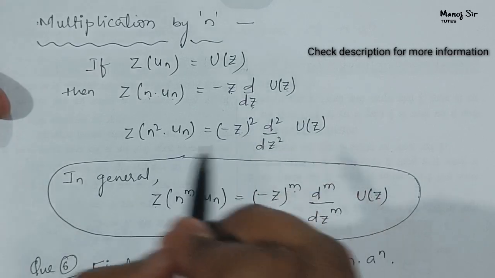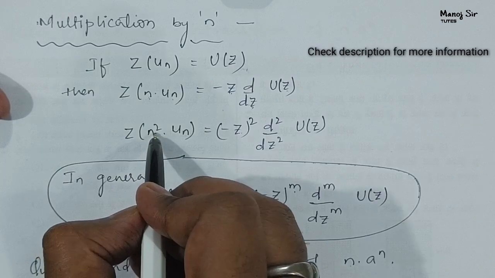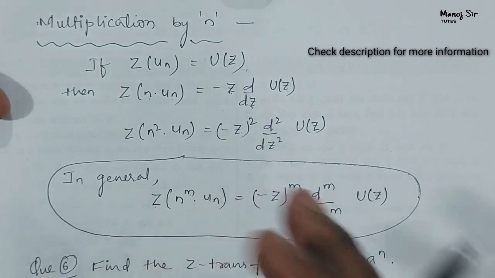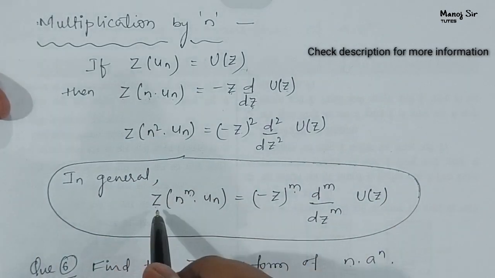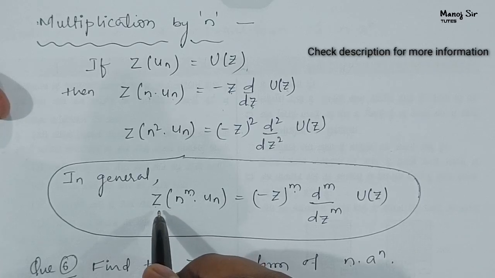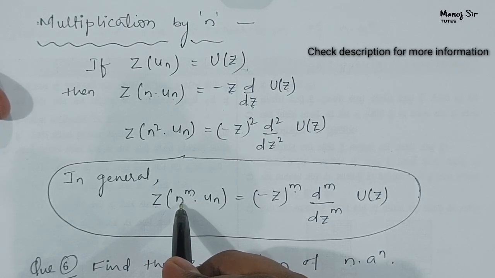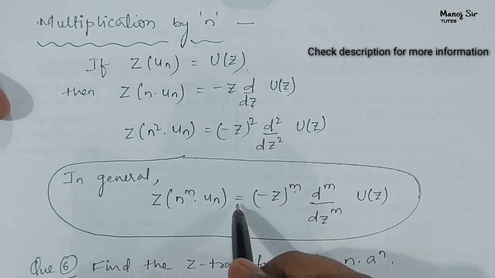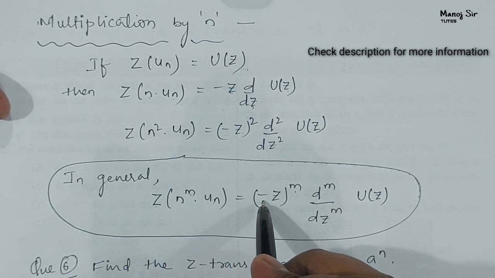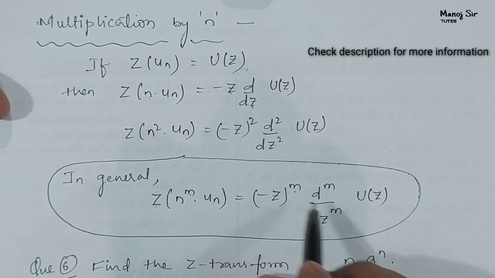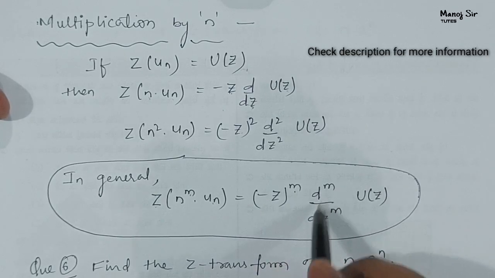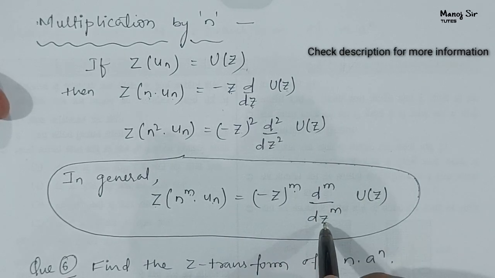In general, to find the Z transform of n^m into u(n), the formula will be (minus z)^m into the m-th differentiation of U(z) with respect to z.